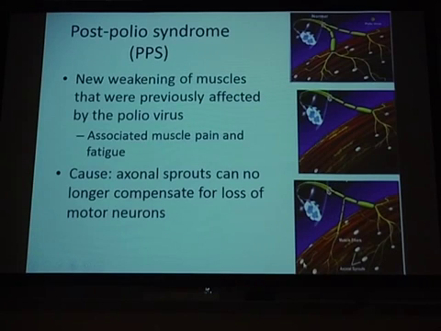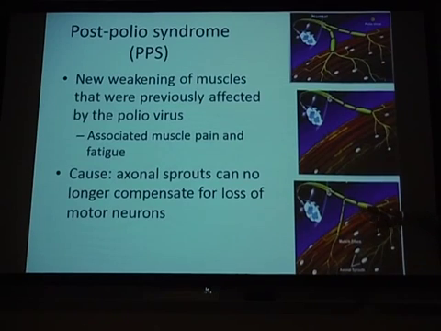What happens in post-polio syndrome is that 30 to 40 years after this sprouting has occurred, this alpha motor neuron is tired. It has been doing the job of 2 or 3 or 10 other alpha motor neurons for 40 years, and it essentially gives out. It gets tired, these sprouts die.